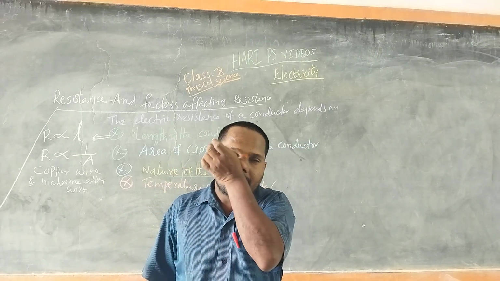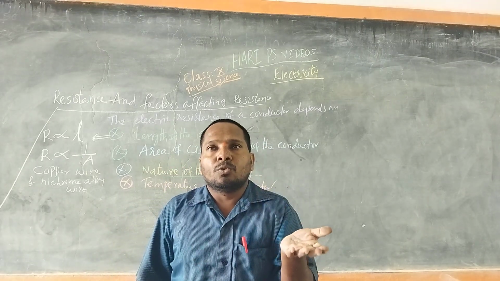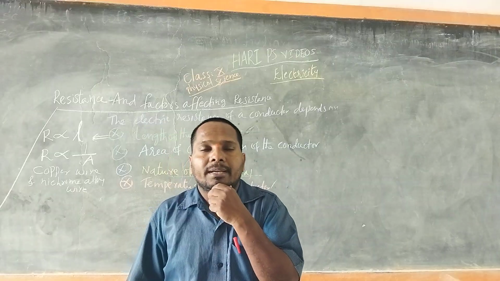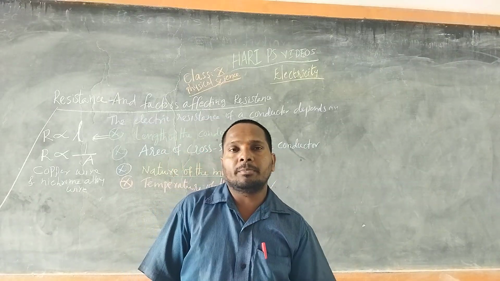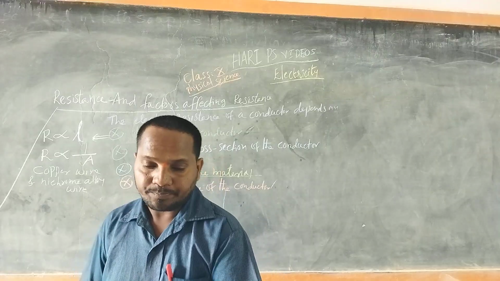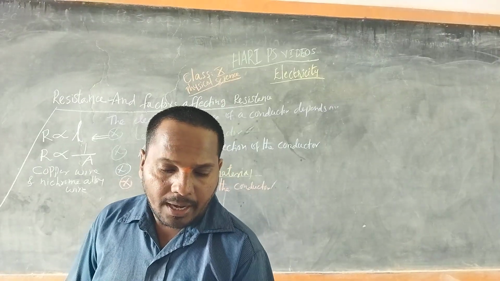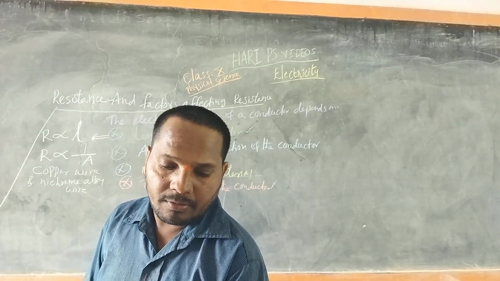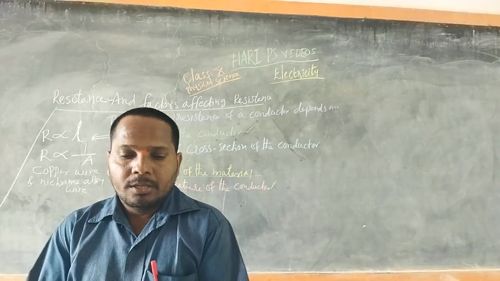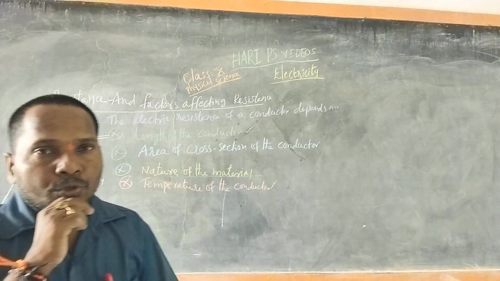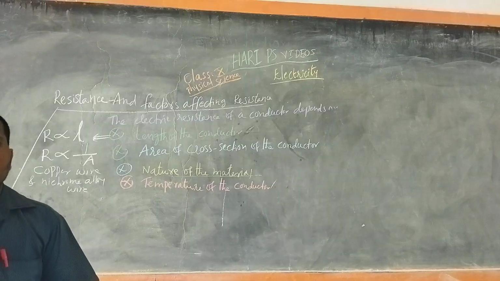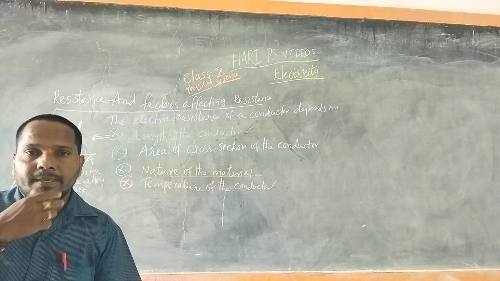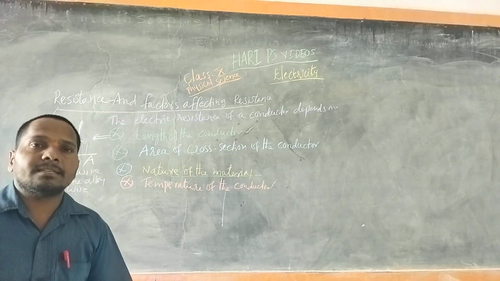When resistance increases, the flow of electric current is reduced. I already shared some values regarding that. So thank you so much. So these are the 4 factors which affect the resistance of the material.